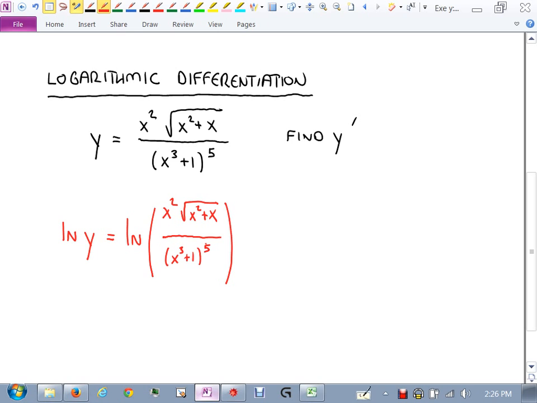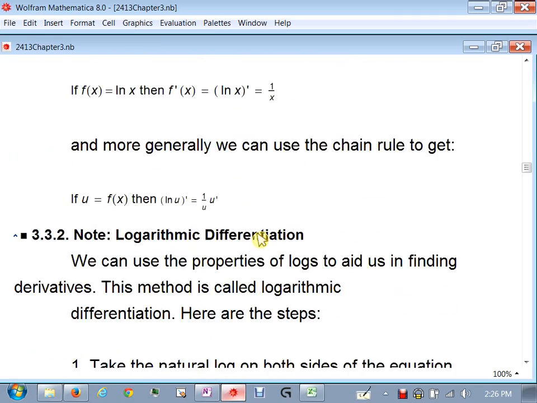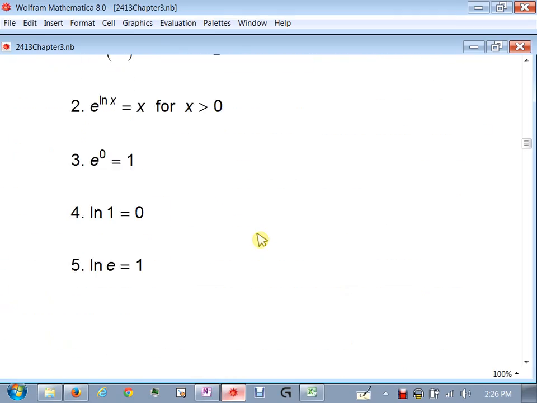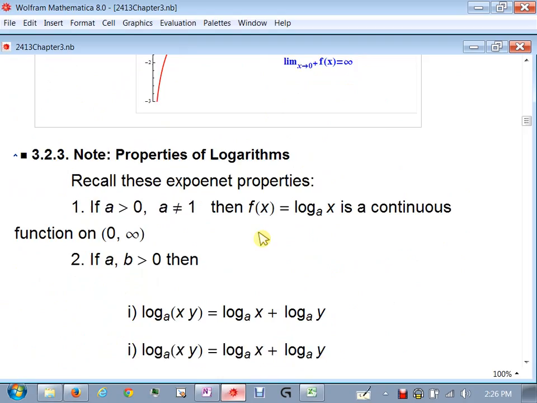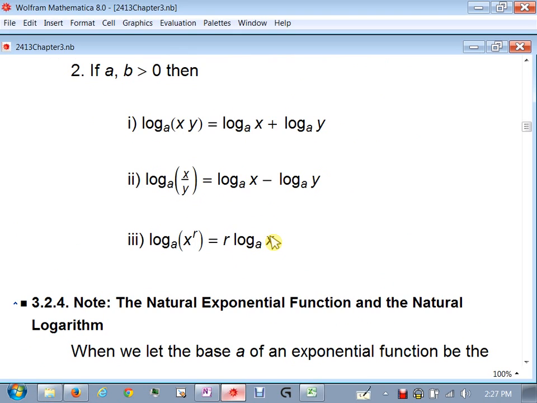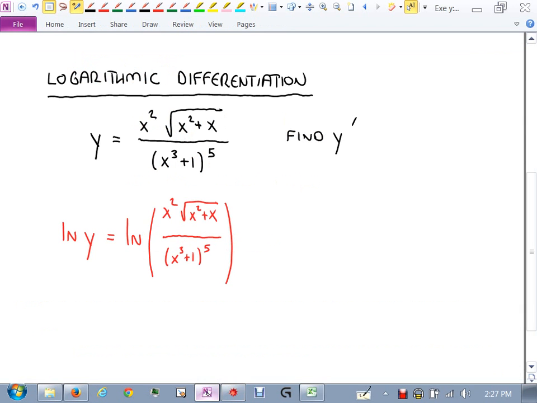Now, referring back to my notes real quick. Right there. Anytime you have a log, it doesn't matter what log it is, and you have division, you can always split that into 2 logs with subtraction, can't you? So I have division here.